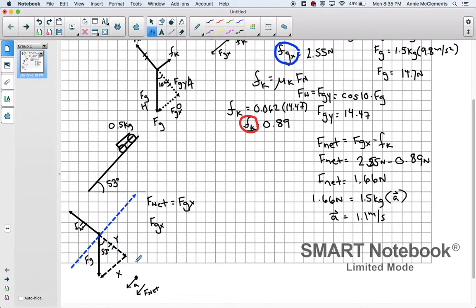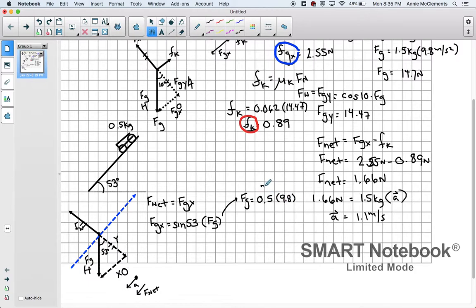So the X side here is opposite the angle. Fg is the hypotenuse, right? So we could solve for Fgx using our sine angle of 53 degrees times Fg. In this case, Fg equals 1/2 of 9.8, right?